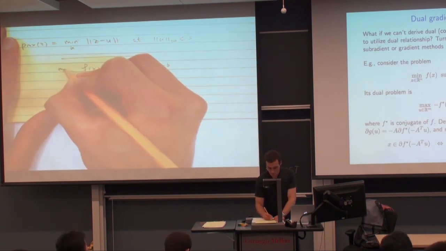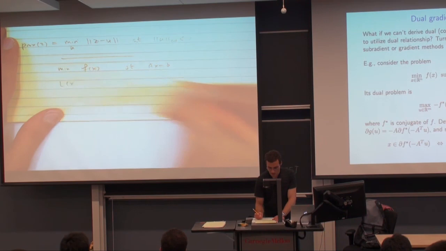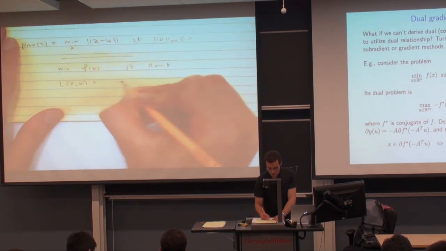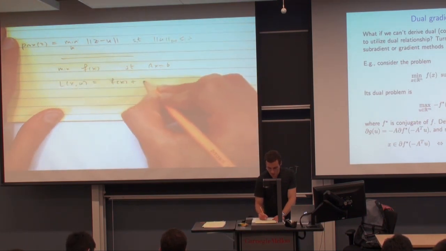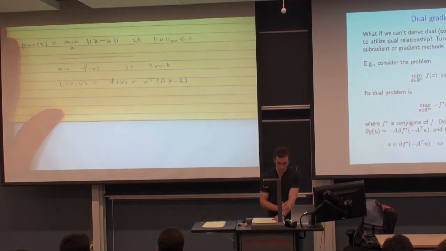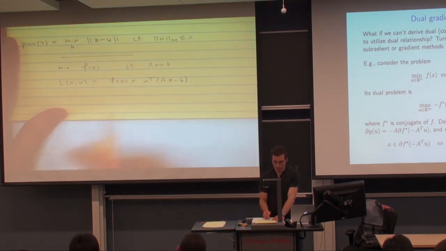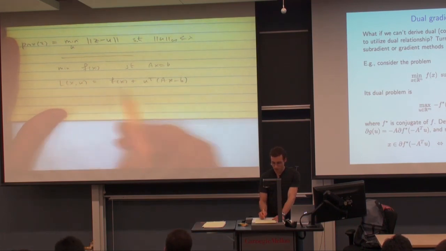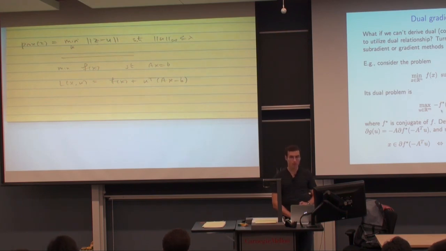Here's the primal problem. The Lagrangian is f of x plus u transpose (Ax minus b). If I minimize this over x, I get the conjugate function, and a minus b transpose u, and that's exactly where this dual problem comes from.